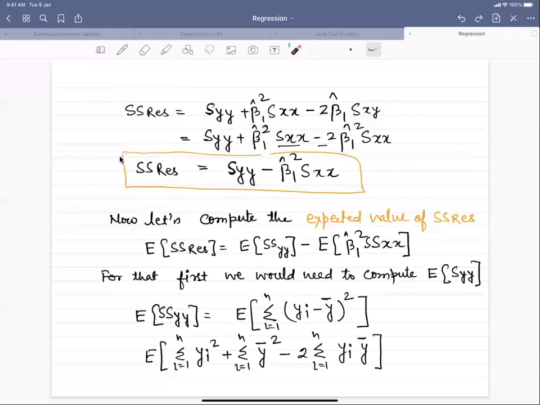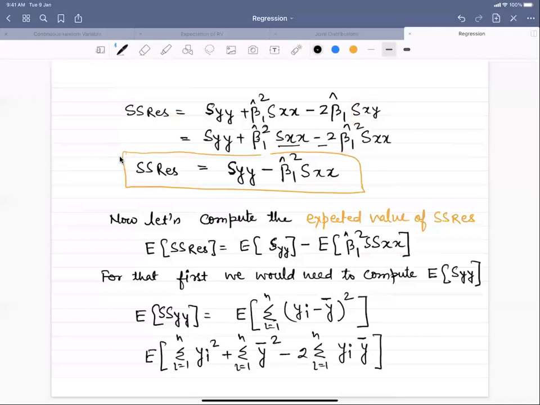So this can be computed as the expectation of S, the sum of squares of residuals. We can take the expectation operator inside. Expectation of S, so it's simply S. No double S is involved here, it's simply single S: Syy minus expectation of beta 1 cap square Sxx.